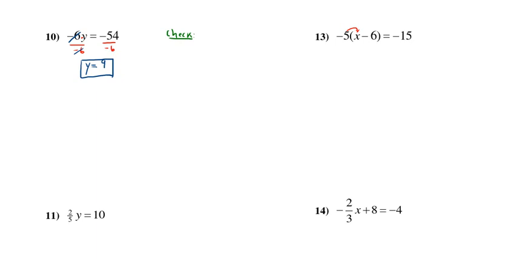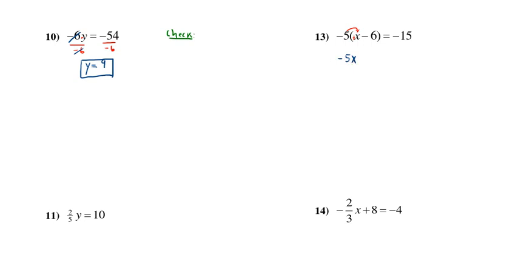So the first thing that we do is multiply the -5 by the positive x, because here x is positive, and that will give us -5x. Negative times positive is negative, 5 times x, 5x.